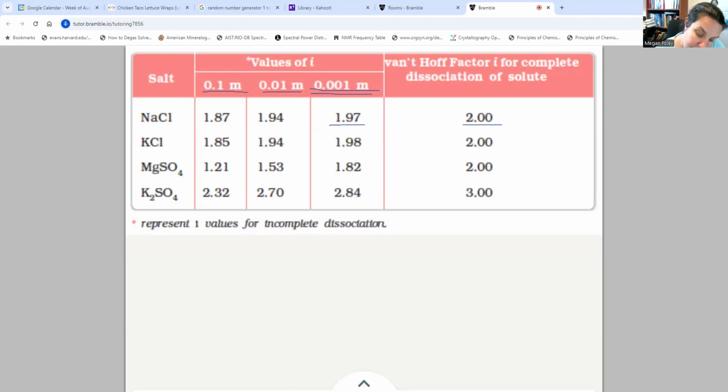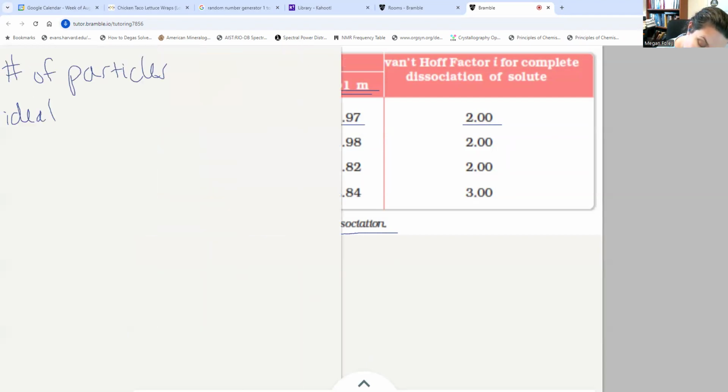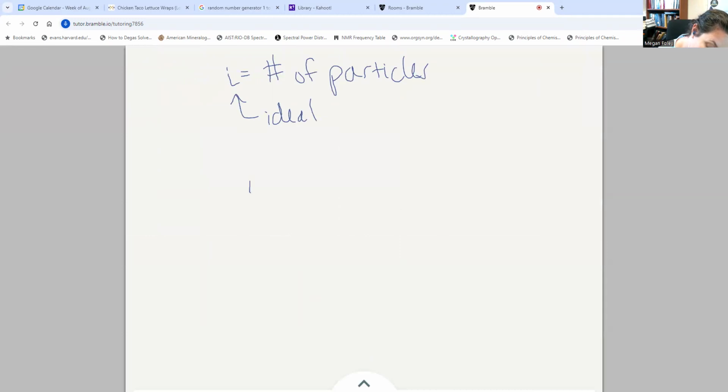So what actually ends up happening is we have what's called incomplete dissociation, or we're going to be producing ion pairs. And when those ion pairs form, we get a lower than expected Van't Hoff factor.